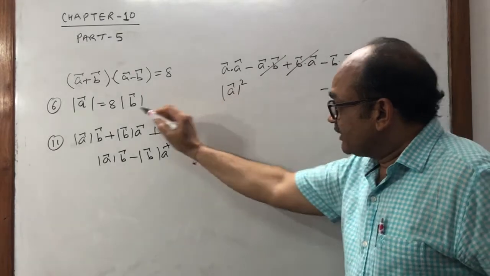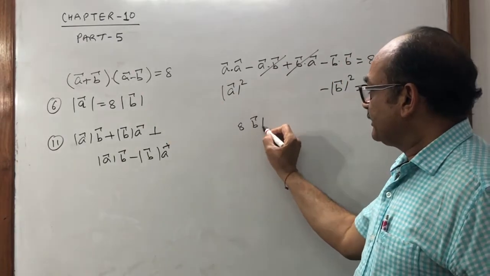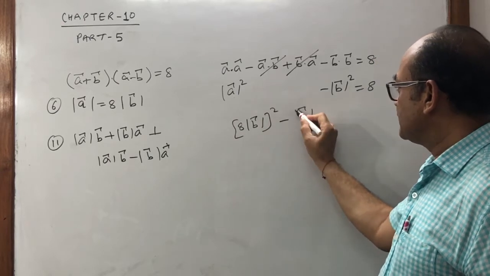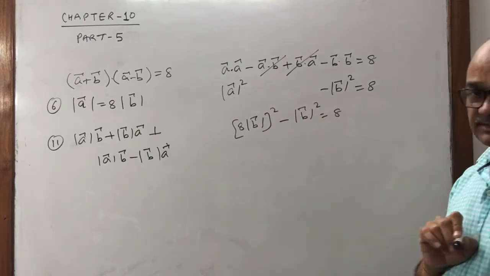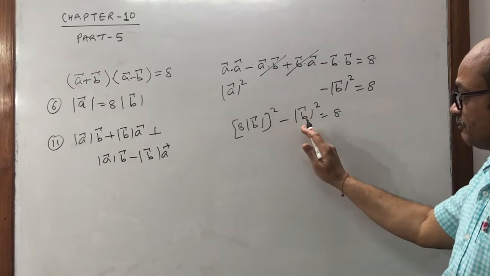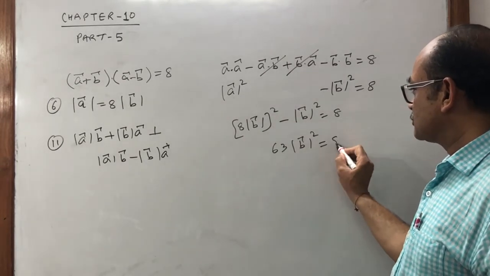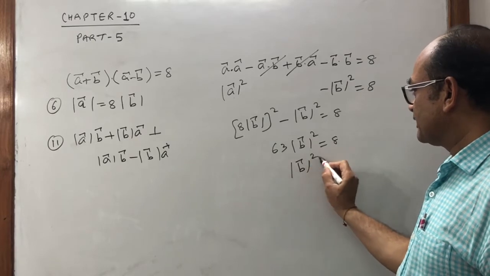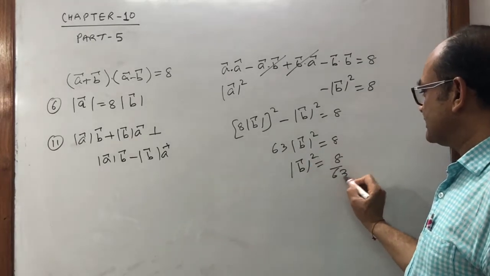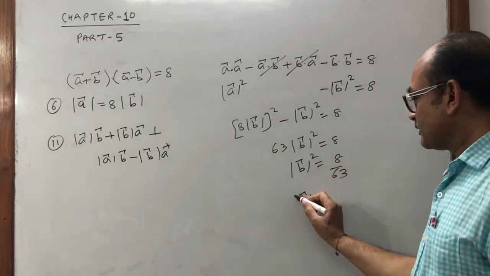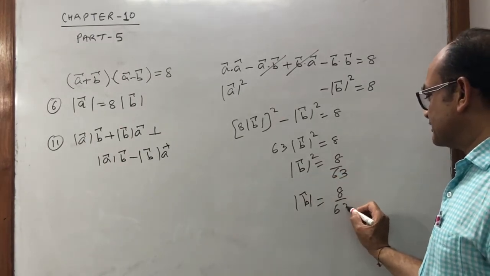Mod A is given as 8 times B. So 8 times B, its square, minus mod B square equals 8. So 64 minus 1, 63, mod B square equals 8. So mod B square equals 8 by 63. So B equals root of 8 by 63.